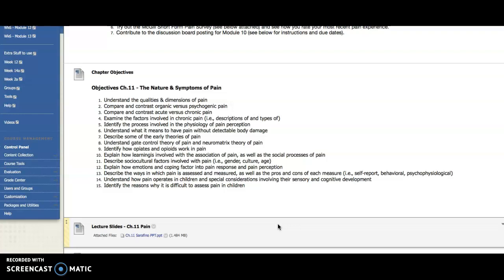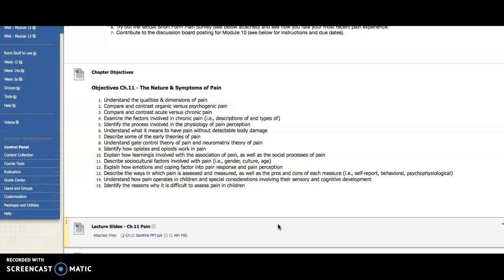So first thing is going to be talking about the different qualities of pain. That is, how do we describe pain? The ways in which pain may differ based on where it's coming from and what the underlying cause of the pain could be. And that's when we start getting into the different dimensions of pain.